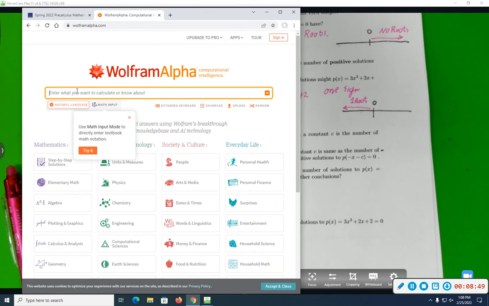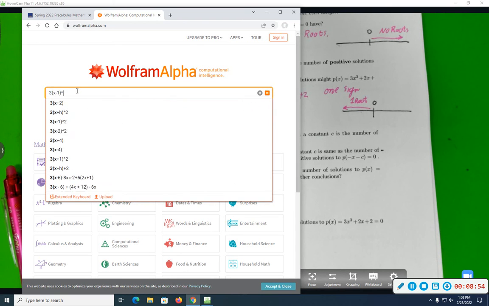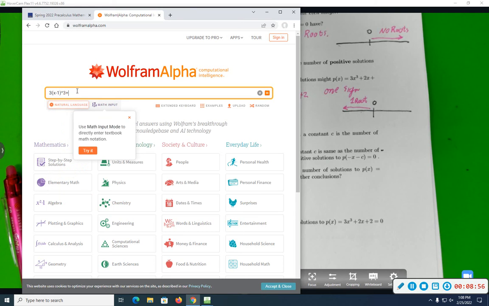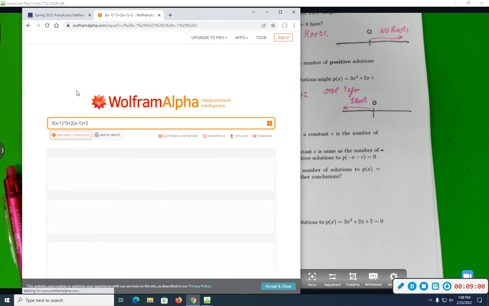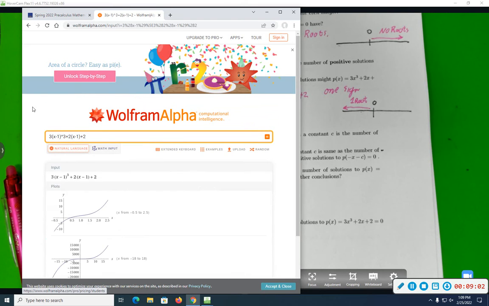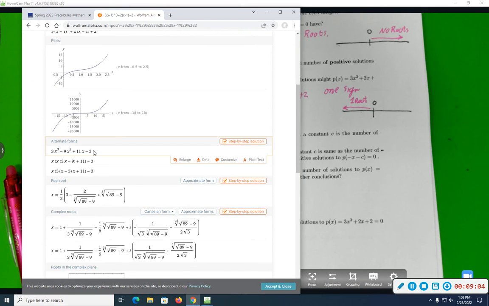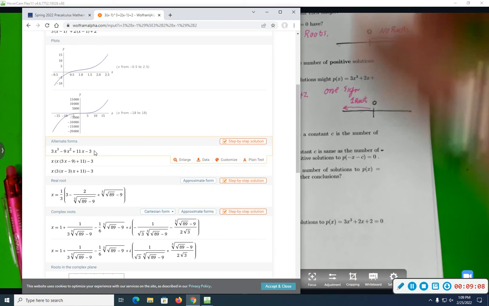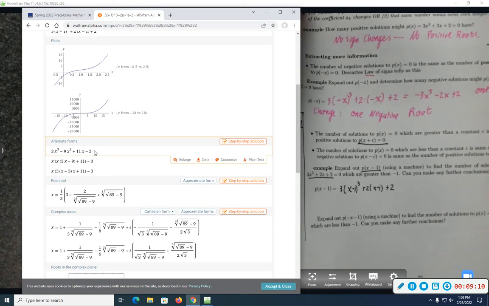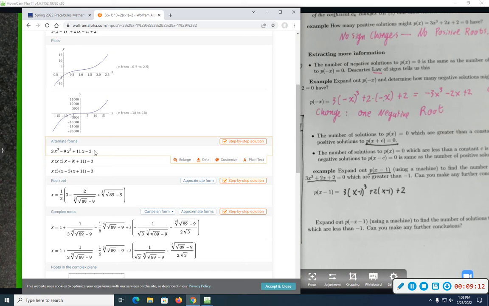So we want to study this polynomial 3 times x minus 1 cubed plus 2 times x minus 1 plus 2. And there it is expanded out. I'll take that and I'll copy it down.